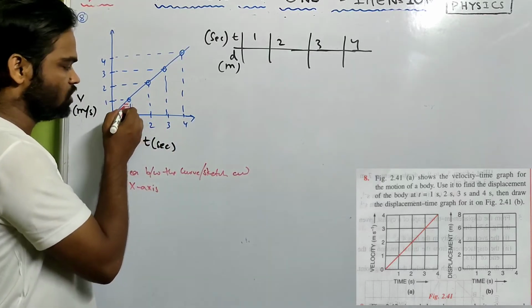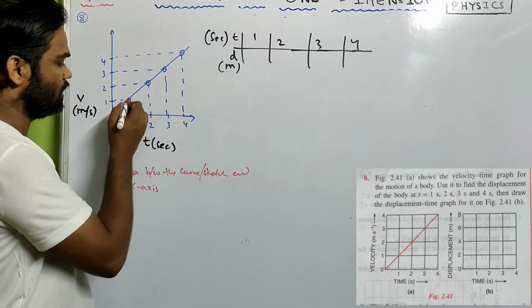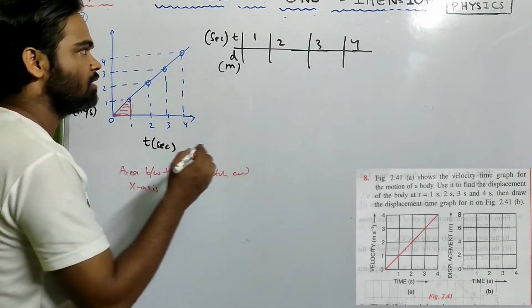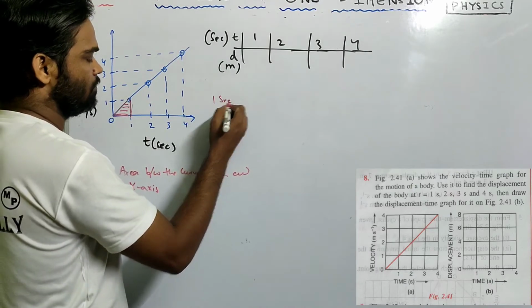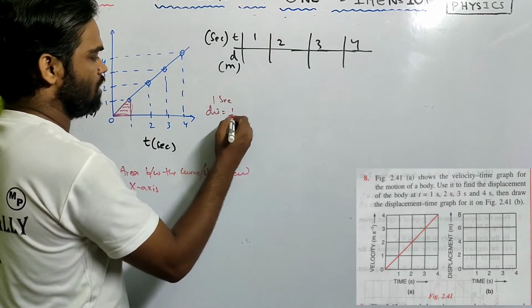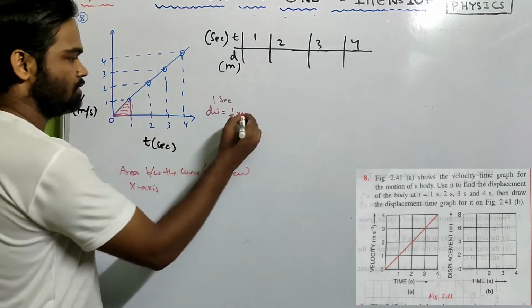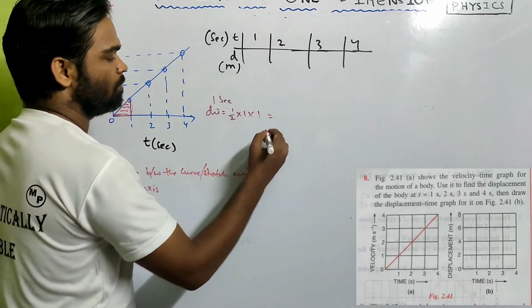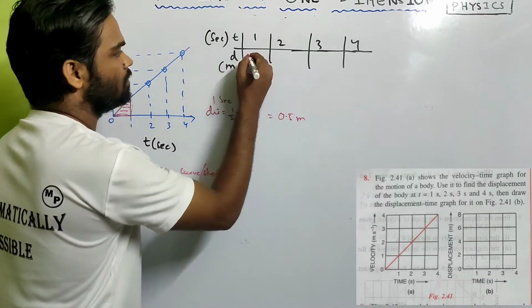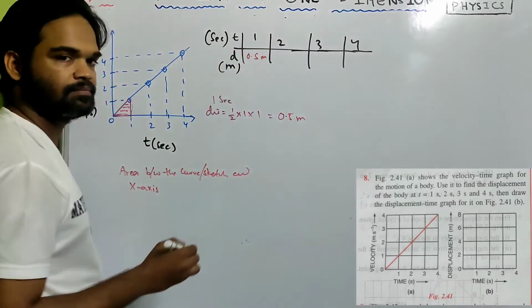The area of this portion is a right angle triangle, so you get the displacement. At 1 second, the displacement is half into base into height. This is 1 again, that is 1 by 2, that is 0.5 meter.